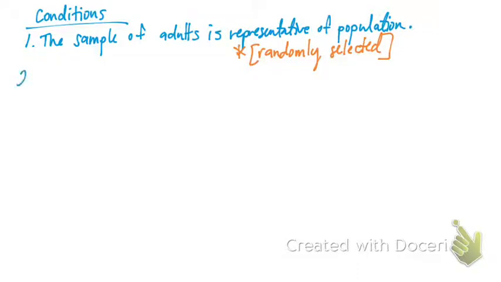Condition 2, we are checking that the sampling distribution is normal. So n times p hat equals, my n is 1,031. My p hat is 567 out of 1031.